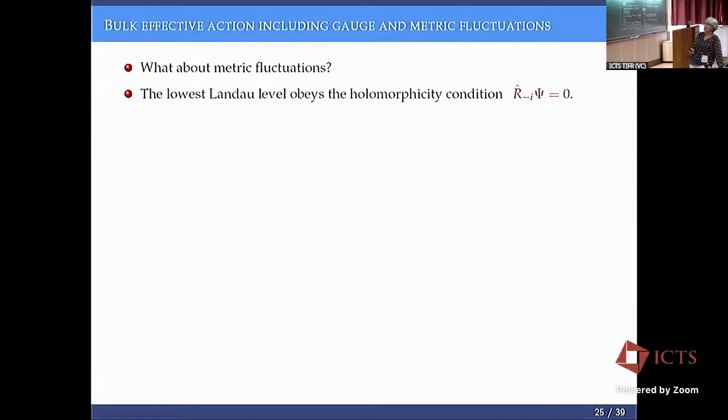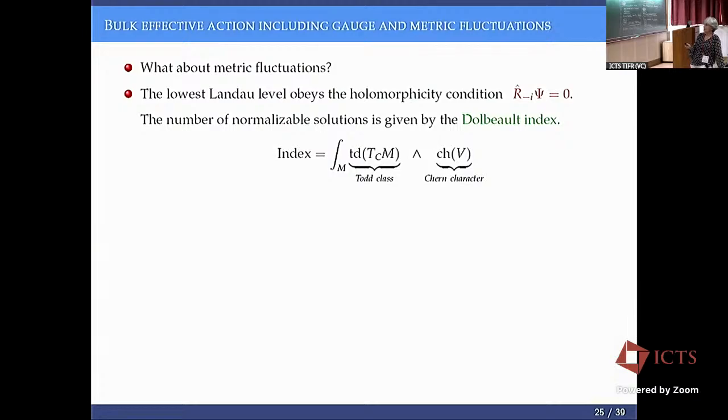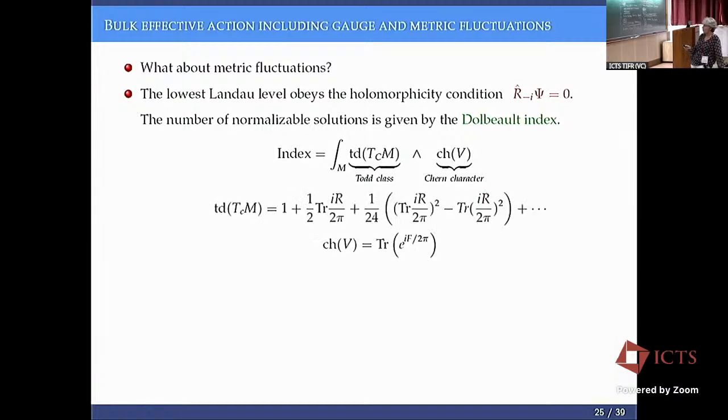We're going to use an idea from index theorems. The lowest Landau level obeys this holomorphicity condition, and we know that for complex manifolds, the number of normalizable solutions is given by the so-called Dolbeault index. What is the Dolbeault index? This is a number, an integer. The integrand is given by the so-called Todd class and the Chern character.